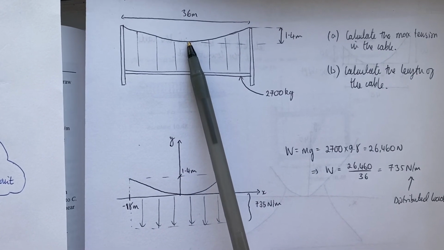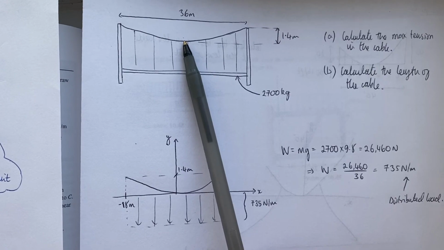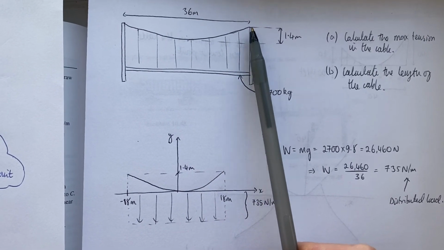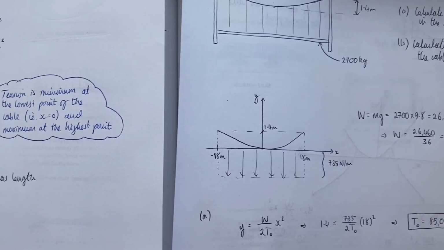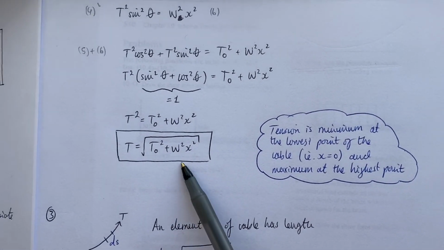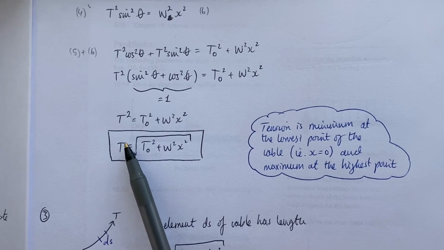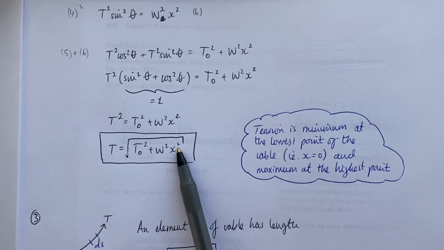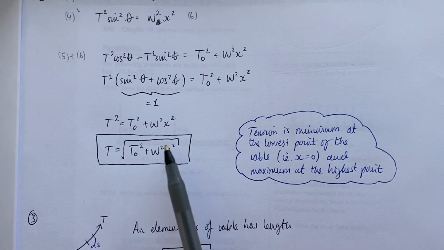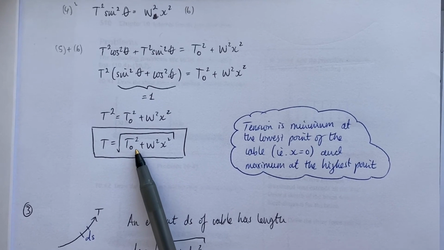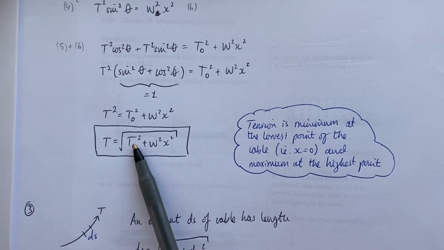So now I know that, I now need to use the equation to find tension T, which you'll recall is this one. So this is the equation that gives me the tension T at any point x, so long as I know what T0 is, right? So this is the bit that I calculated just now.